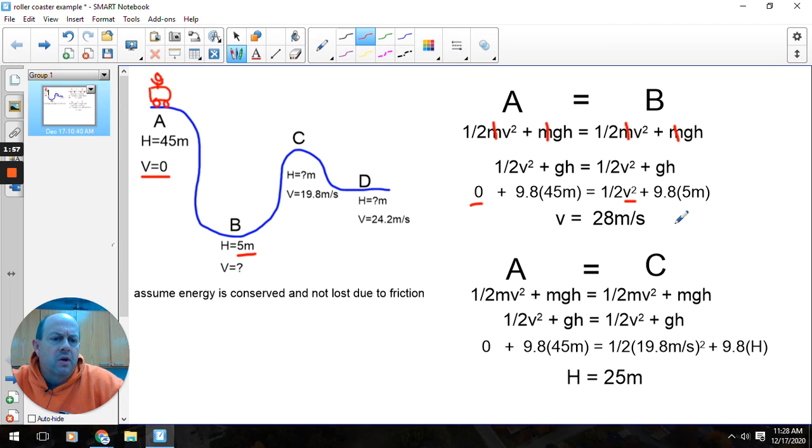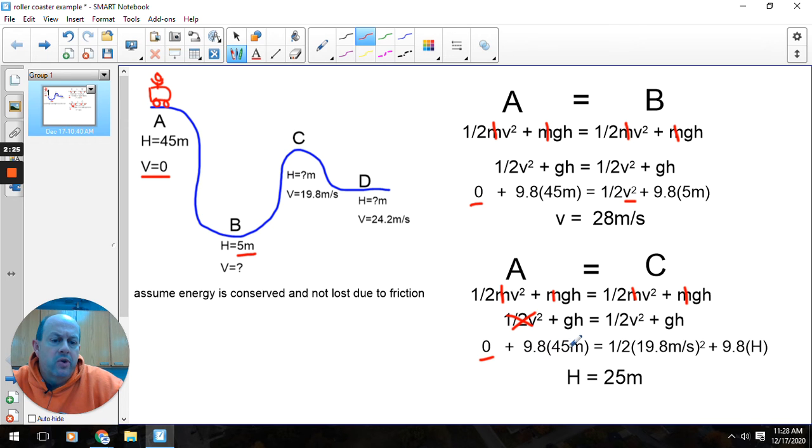Then on to find part C, we can say the energy at A is equal to the energy at C as well, because we're not losing any, it's all conserved. So in our same scenario, we can cancel out our masses, and we know our initial velocity is 0, so that can drop out.